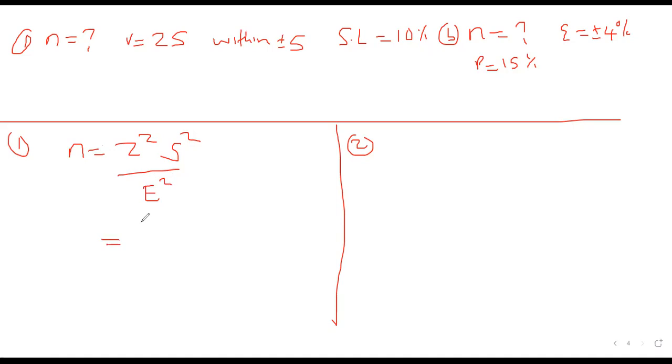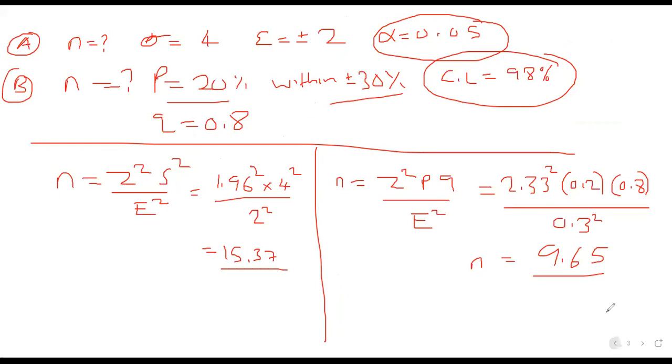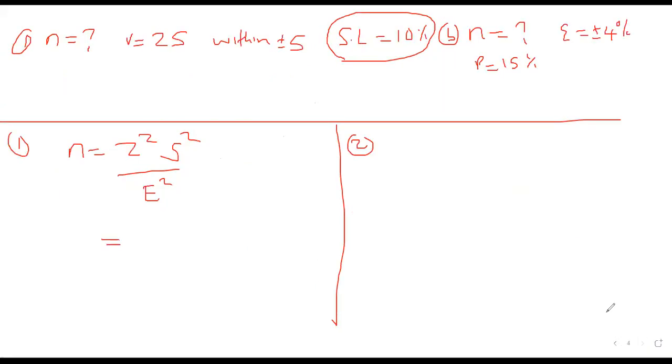That's our Z from 10%. Need to master that. What is our Z? 1.645.